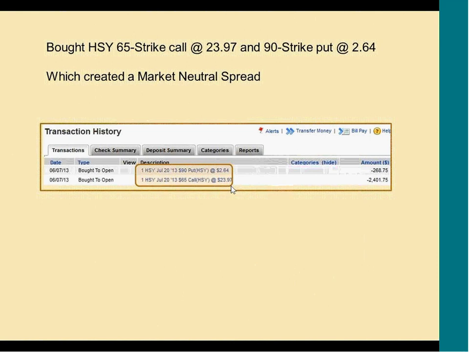A big down move in the stock, of course, would also result in a profit on this spread trade. So again, you don't have to worry about placing a protective stop with this type of position. You don't have to worry about bad earnings reports. You don't have to worry about big down moves in the stock. You're fully protected with the purchase of the put option.